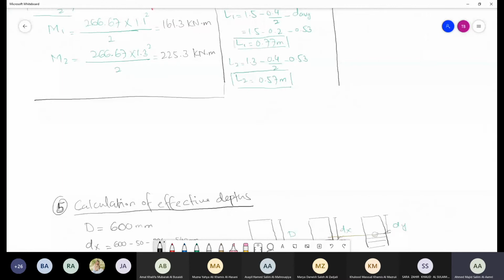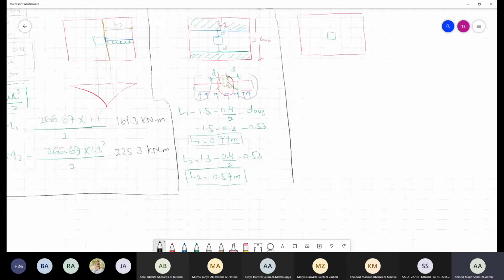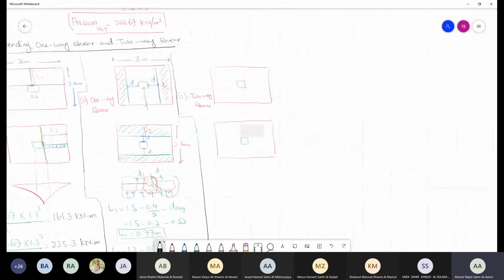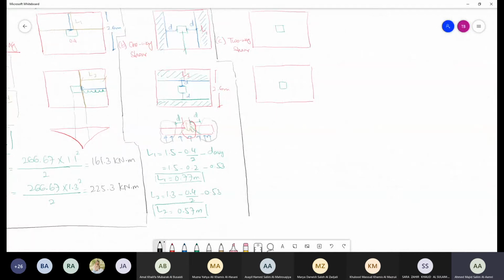Now, after we have calculated the length for one-way shear, we need to calculate our area of reinforcement, or we need to calculate the shear force and then the affected area of shear.